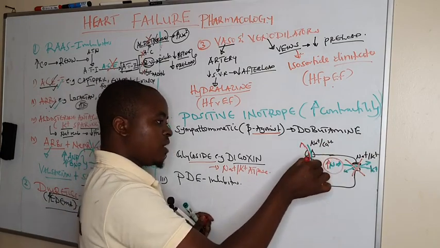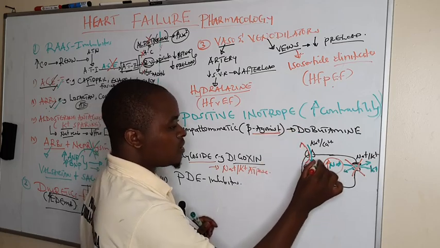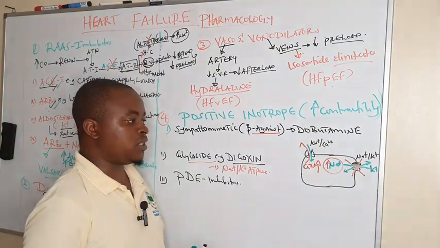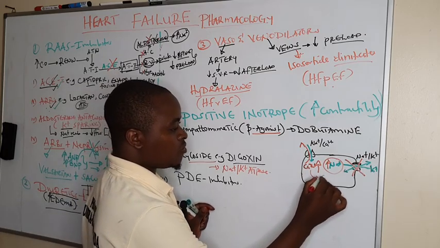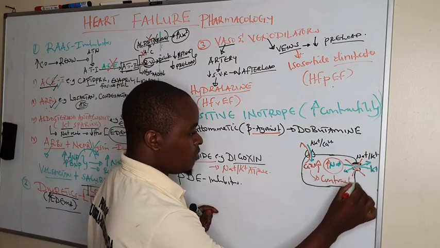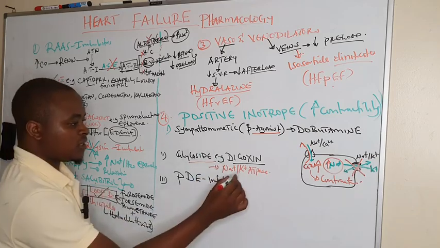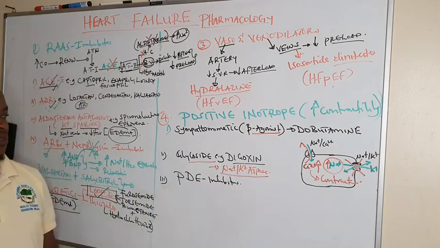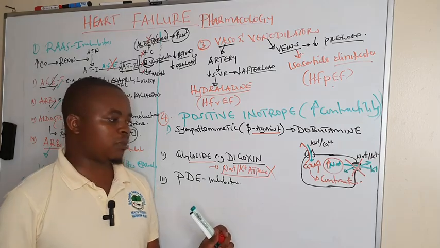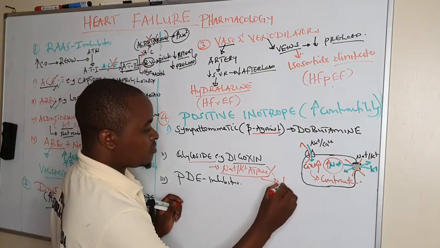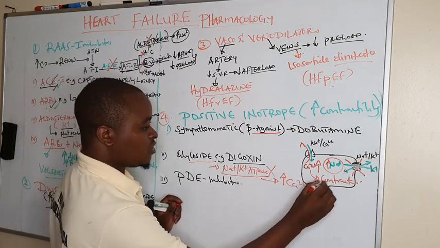And when there is no sodium coming in, calcium does not exchange. So this leads to an increase in intracellular calcium levels. And increase in intracellular calcium levels leads to contractility of the cardiac cell. So this is how digoxin acts, by blocking the sodium potassium ATPase pump, and this leads to an increase in intracellular calcium ions, leading to contractions.